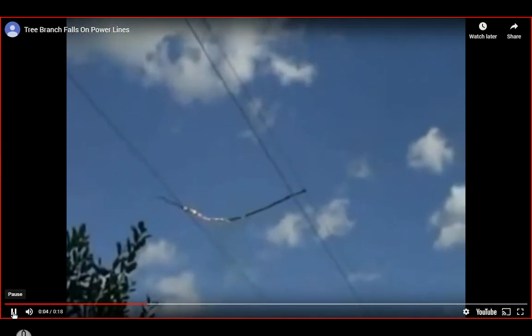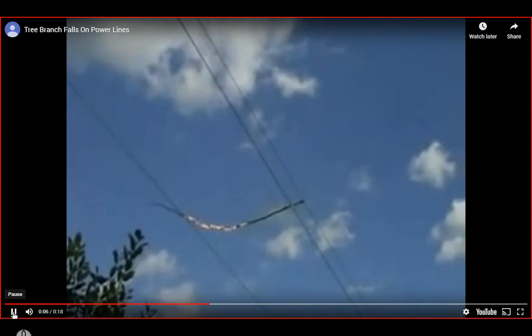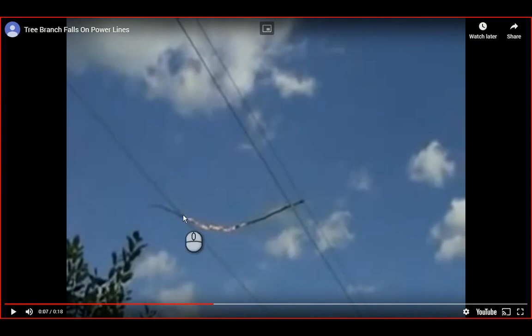I want to pause it at one point. Now you can see some of the steam escaping. Even though it's made of wood, the electricity can still pass through it because the voltage is high enough. What's happening is it's heating up that stick, and all of the moisture and sap that's in that stick is being turned into steam and it's being released that way.